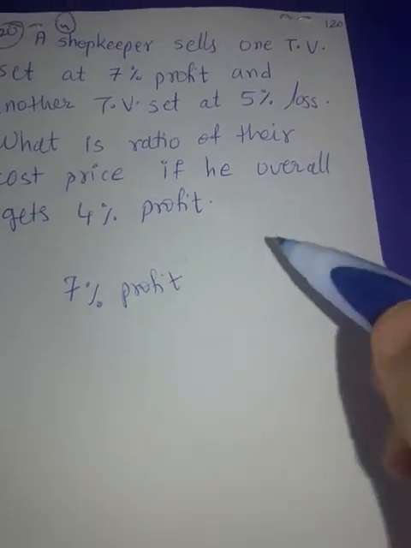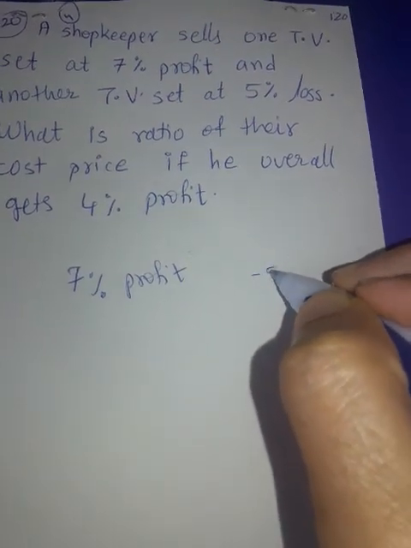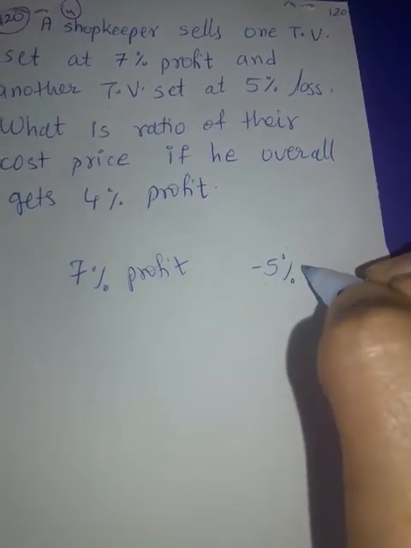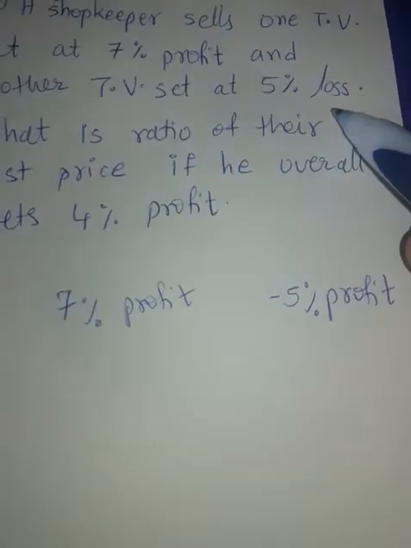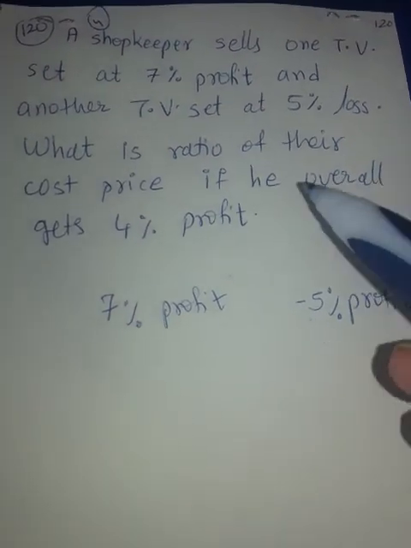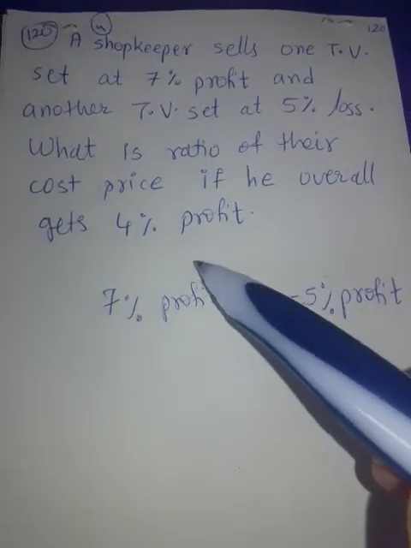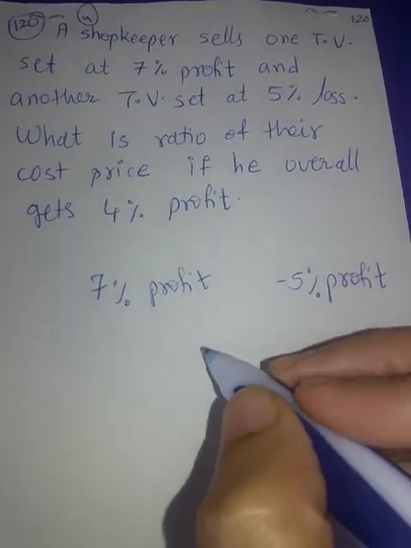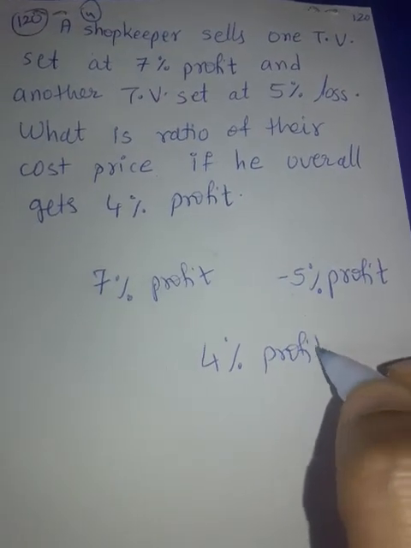Now this is 7% profit, so instead of writing 5% loss, I am going to write it as minus 5% profit. 5% loss is same as minus 5% profit. And what is the average profit? Overall he got 4% profit, so mean is 4% profit.